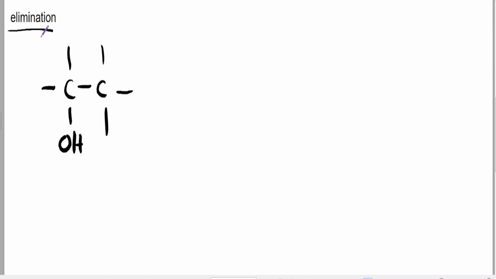Now the last reaction involving alkenes is elimination. Elimination is when you have an alcohol which would undergo dehydration. Dehydration is when you remove a water molecule, and when you do that, you get alkenes.